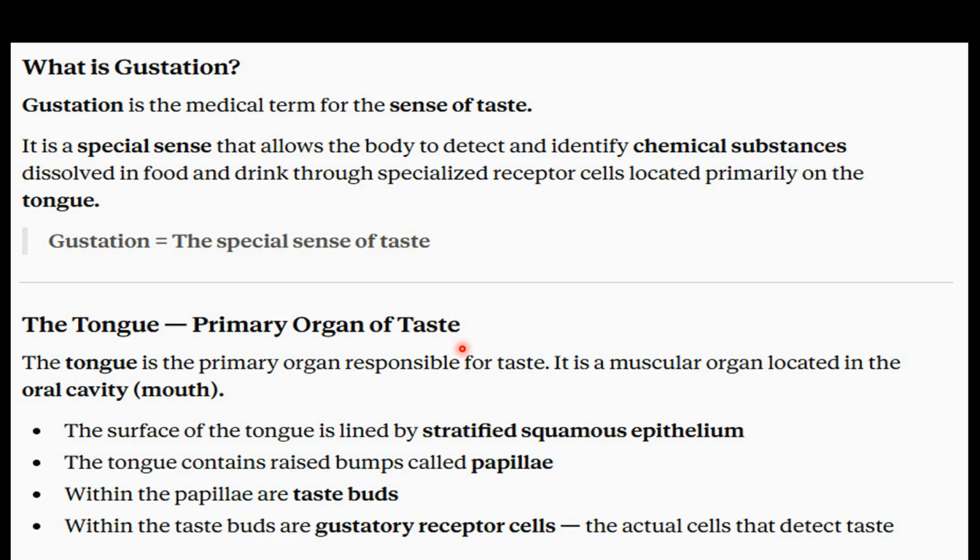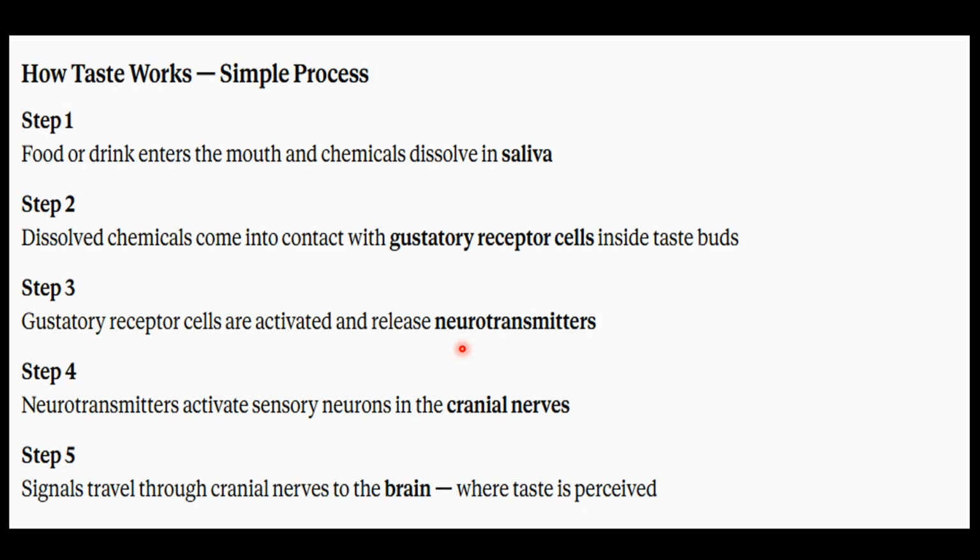Clear? Now we will talk about the process, how it actually works. These are the simple steps I have noted here. Assume that a food or drink enters the mouth, and the chemicals dissolve in the saliva. That is the first step. In the second step, the dissolved chemicals come into contact with gustatory receptor cells inside the taste bud. In step 3, these gustatory receptor cells are activated and release neurotransmitter.